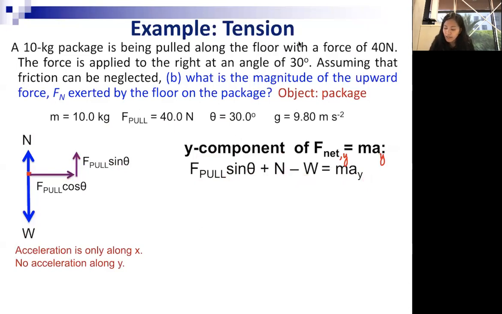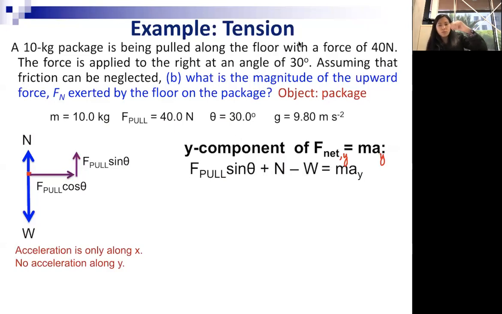We want to find, yeah. So what's the acceleration along the y in this case? We'll see if we can simplify this equation. It should be 0, right? Your package is just moving along the floor.